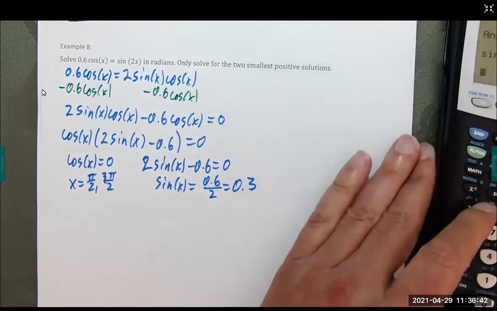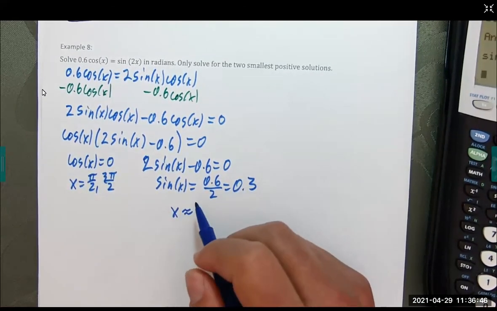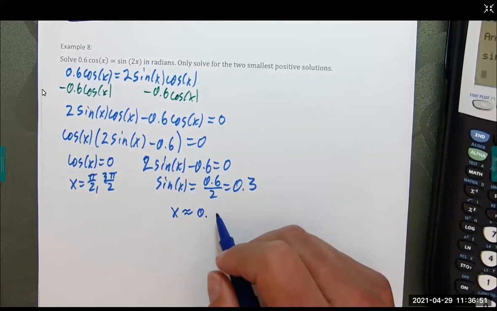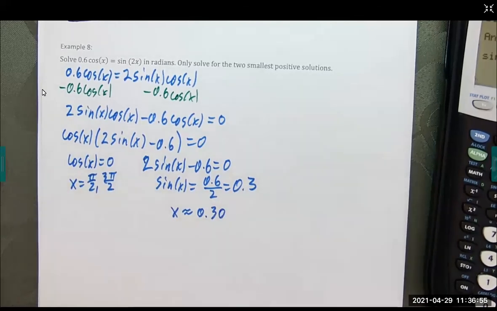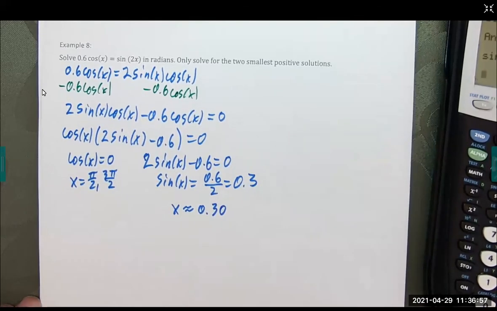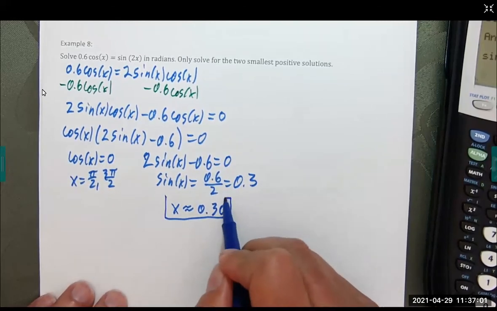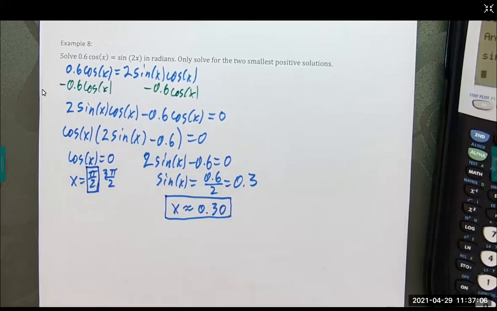That is going to give me that x is about 0.30, we'll say. Now they want the two smallest. 3 pi over 2 is definitely not one of the smallest. So this is definitely one of the smallest. That's in quadrant 1. And this is 90 degrees, or pi over 2. I hope that helps.